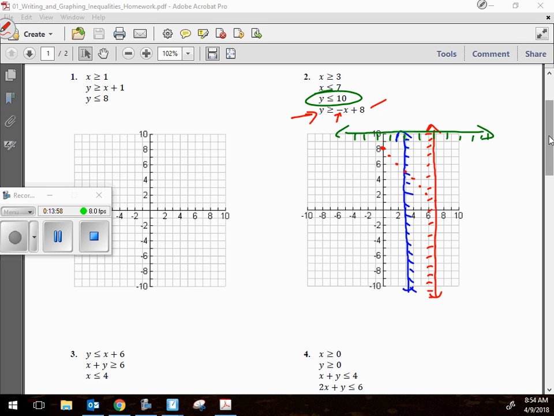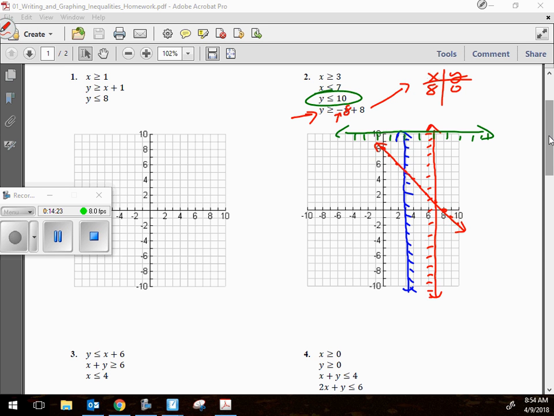If you don't, you can always make an XY chart. You graph where it's equal to, and then you just shade on one side of it. So again, you can use your best friend in graphing here if you want. If you stick in an 8, you get 0. And so 8, 0 should be on this graph, and it is. It's right there. Now which way do I shade on this line?